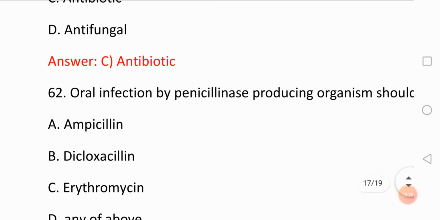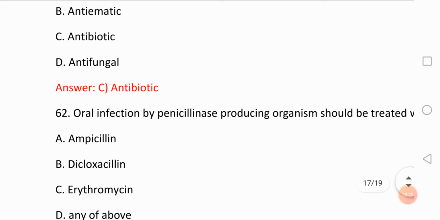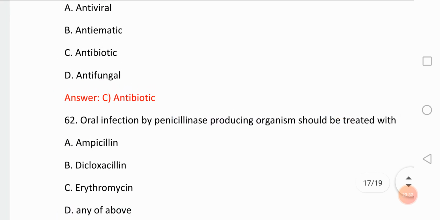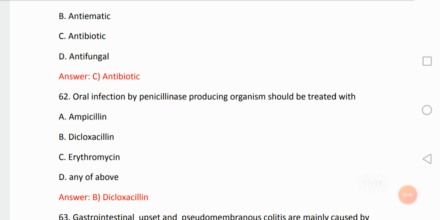Oral infection by a penicillinase producing organism should be treated with A. ampicillin, B. dicloxacillin, C. erythromycin, and D. any of the above. And the answer is B part, dicloxacillin. Dicloxacillin is penicillinase resistant. So the answer is B part, dicloxacillin.